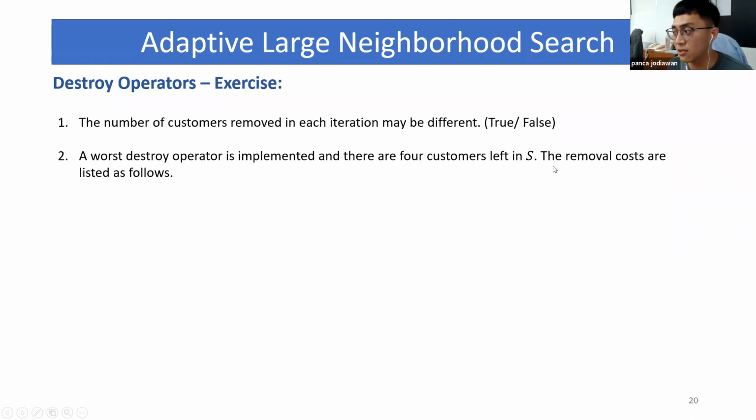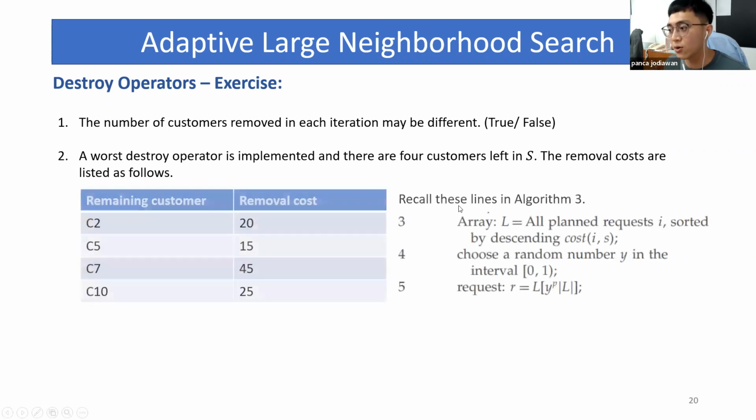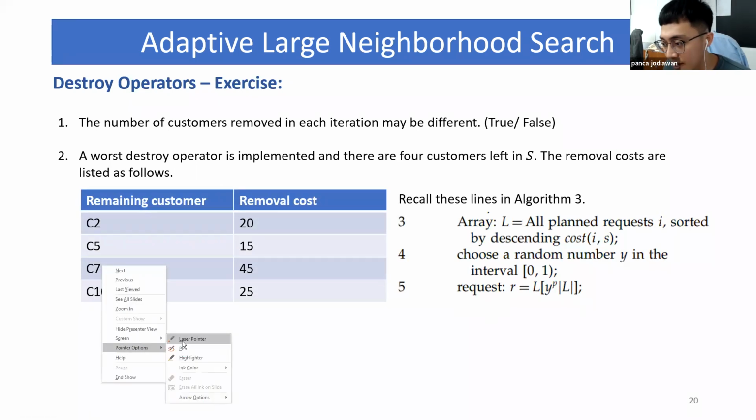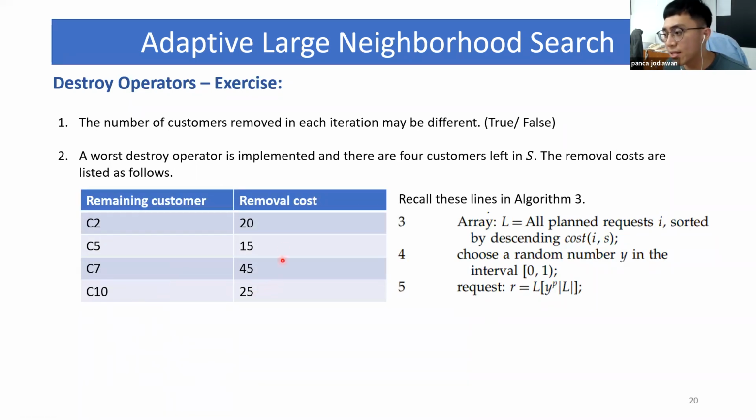We have calculated the removal cost. I believe that you have got the idea of calculating the removal cost of each customer. The remaining customers are C2, C5, C7, and C10, and the removal costs are 20, 15, 45, and 25.